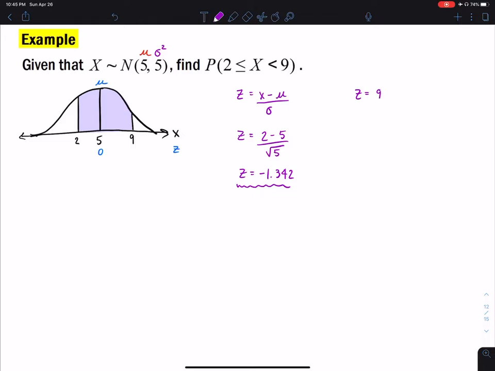So we have 9 minus 5 divided by the square root of 5, and that will give us a z-score of 1.789. I'm going to put those in my table so you can see the relationship between negative and positive z-scores. The negative one is to the left of the mean, and the positive one is to the right of the mean. That tells you how many standard deviations you are to the right or to the left of the mean.